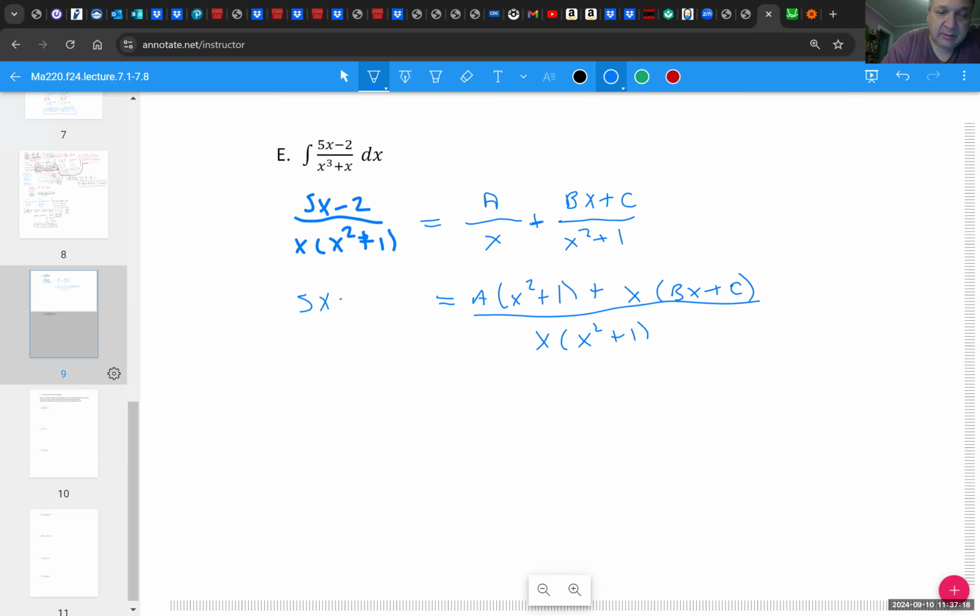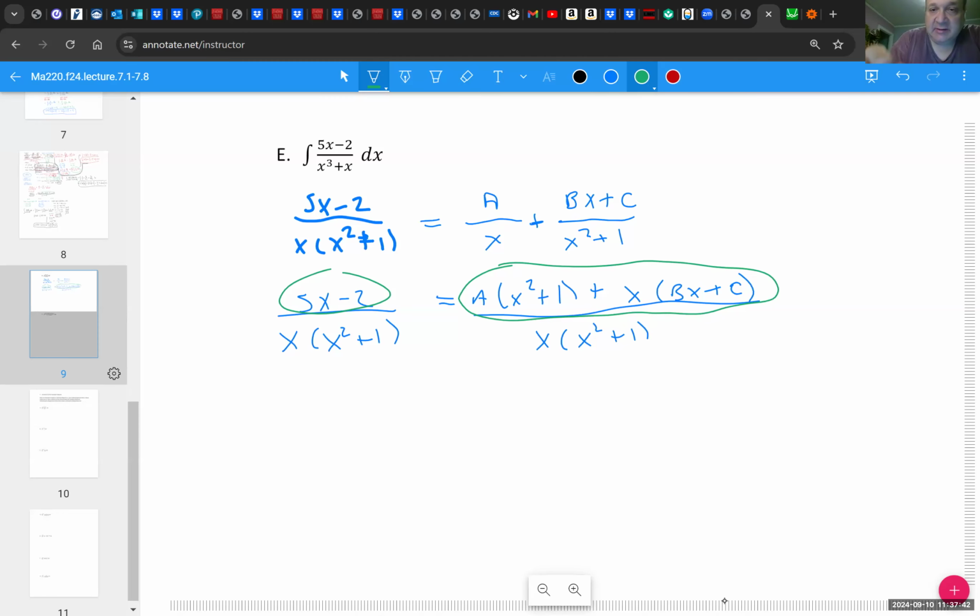And over here, we have the same denominator, so we know that the top parts, the numerators, have to be equal to each other. And then I just use different values for x. I'm not going to be able to make this guy 0 because it's a complex thing. Like -1 squared doesn't work. I mean, I can use -1, it just doesn't make it equal 0. I can make this equal 0 by choosing x as 0. So I'll just choose x equals 0 because that's the only easy one.